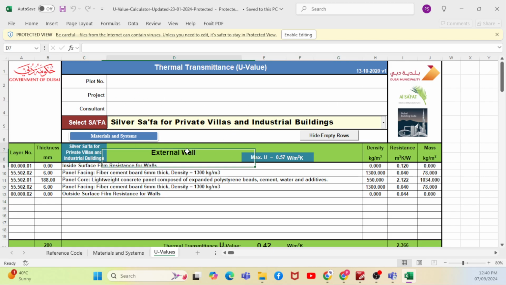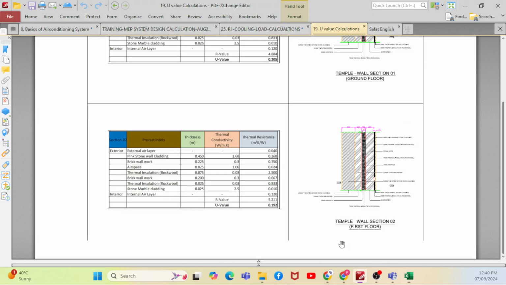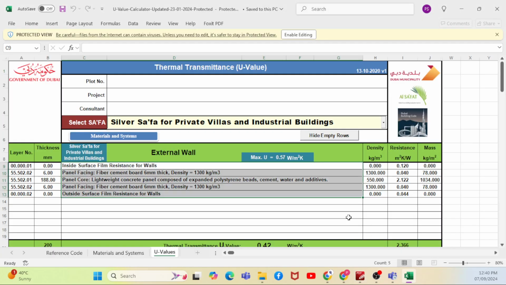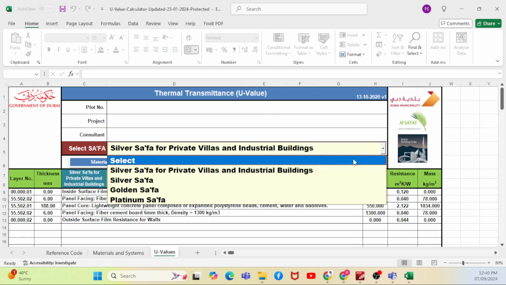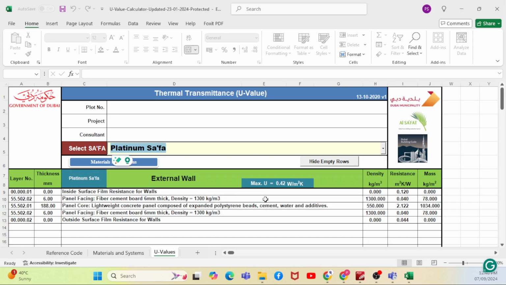You can see the external wall. You can apply different materials. They have already given 0.57 watts per meter square Kelvin. Whenever the civil engineer does the calculation and submits for municipality approval, they should follow this guideline, right? If it is for a silver building, or you can select a different value for platinum, then this value will change automatically. So this is their guideline.